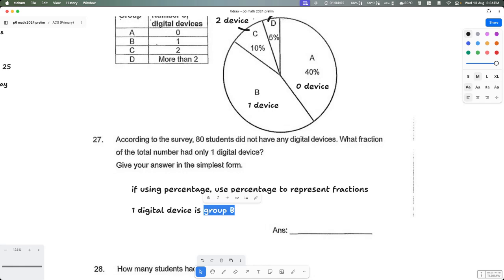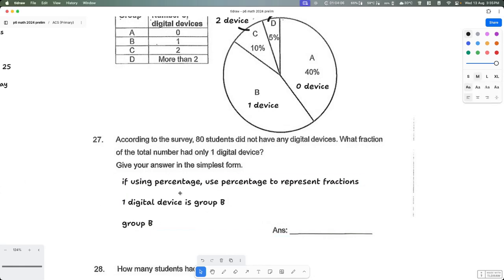The percentage for group B is equal to 100 minus 40 minus 10 minus 5, so this will be 45%. So the group B fraction is equal to 45 out of 100.